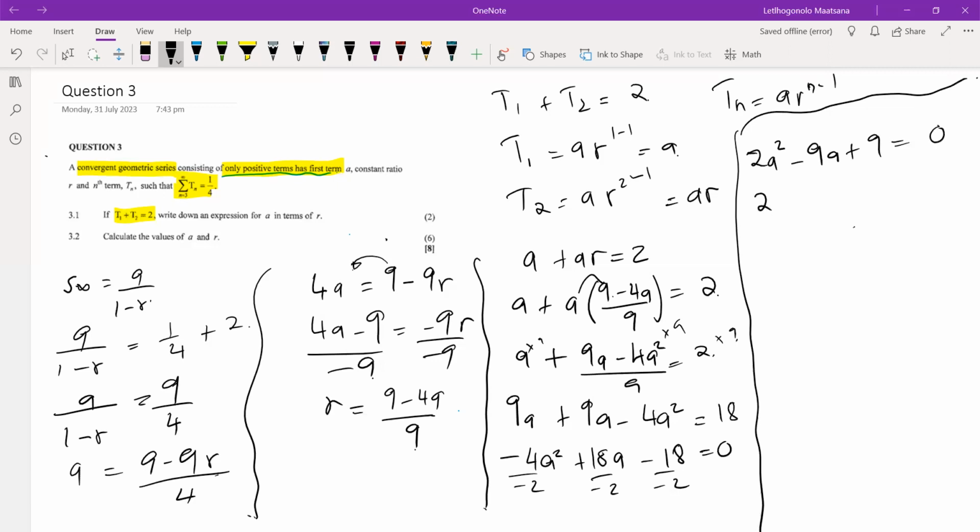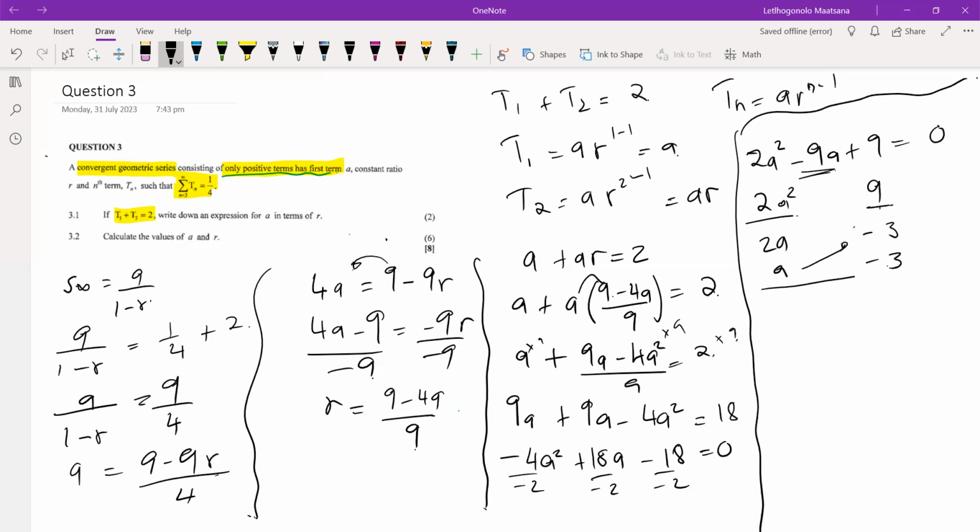So we're going to look for factors of 2A squared. We're going to use 2A and A. And we're going to look for factors of 9, and we need to keep in mind they must give us a positive 9, but when we cross multiply with our A factors, they give us a −9A. So we're going to use −3 here and −3 there.